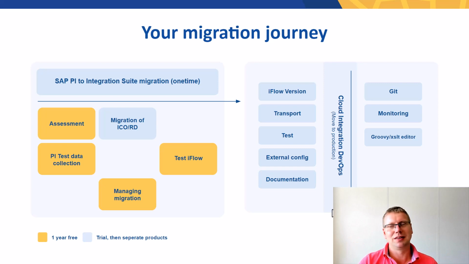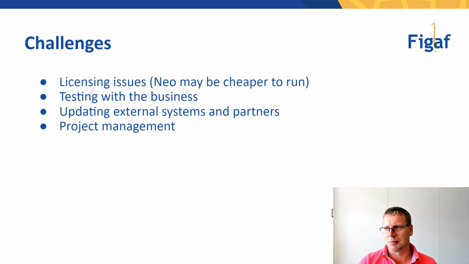I do see some challenges here. There are some license issues making it more interesting to stay on the older licenses. I could imagine some of you have older licenses that are much better value than if you move to the Integration Suite, but there is also a limit on how long they are going to work.